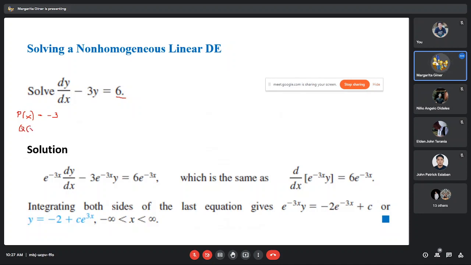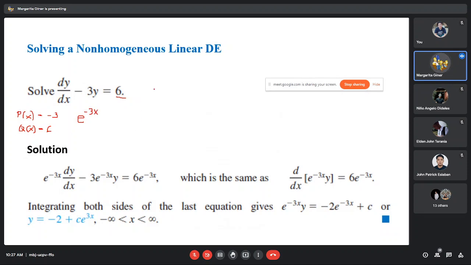Your Q of X now is equal to positive 6. Okay? So no problem, because our integrating factor did not change. The basis for our integrating factor is only your P of X, not Q of X. Q of X is for the final answer. If you remember, the answer is e raised to 3x. I won't solve it again, so let's go to the solution.